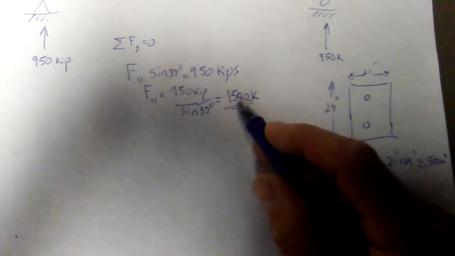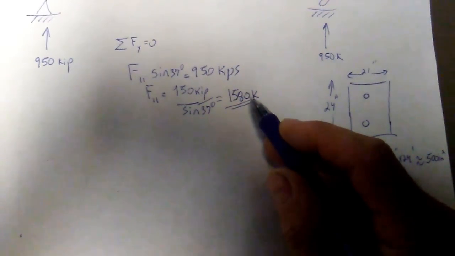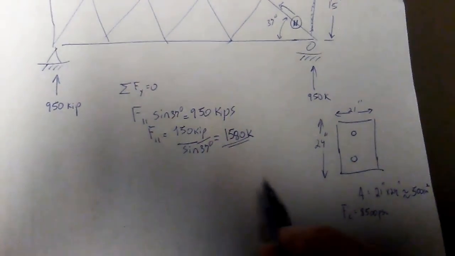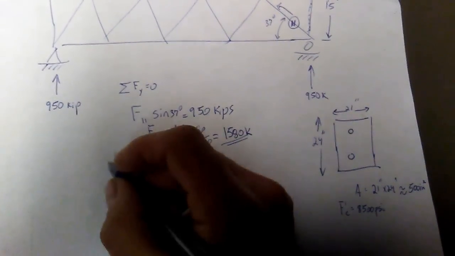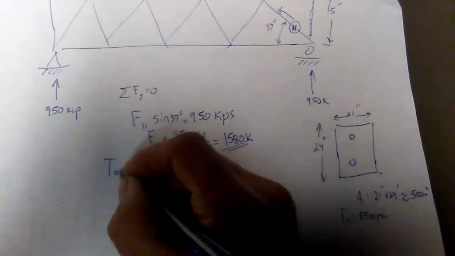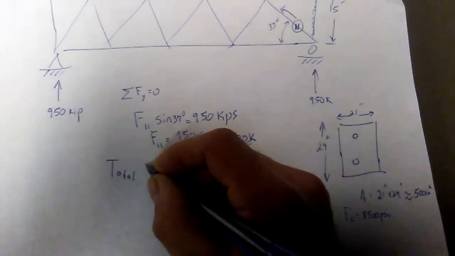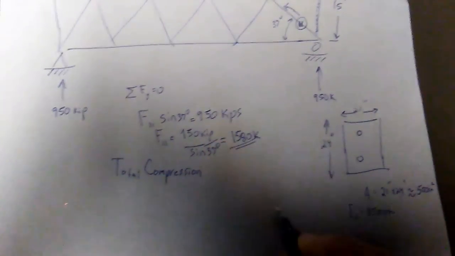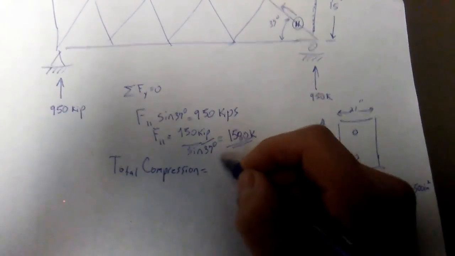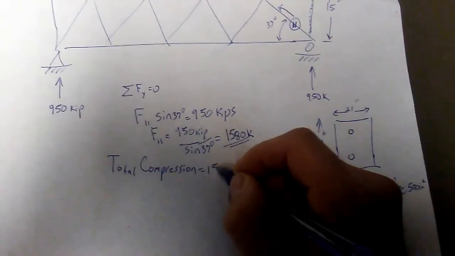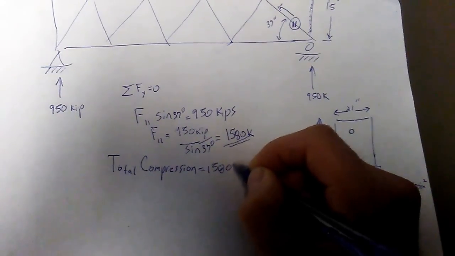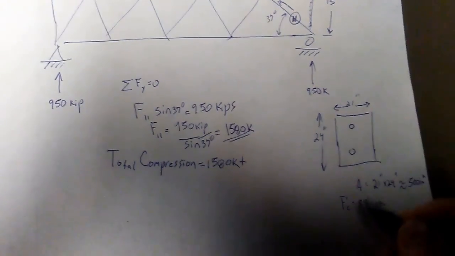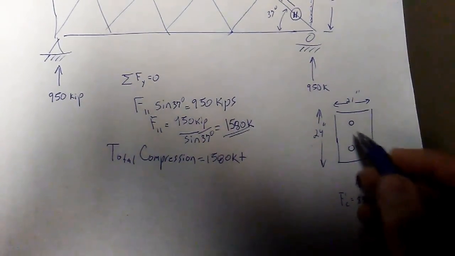We also know that we have 1,580 kips of compression due to the weight of the bridge. So the total compression in that member is the self-weight, 1,580 kips, plus the compression from the post-tensioning bars, which is 200 kips per bar.